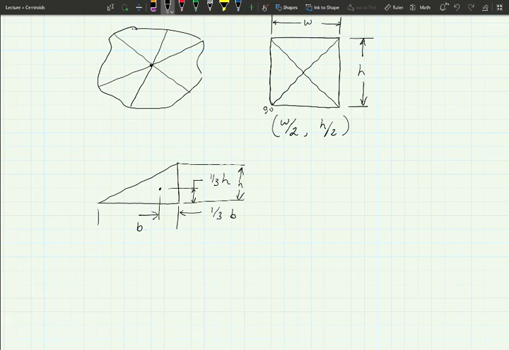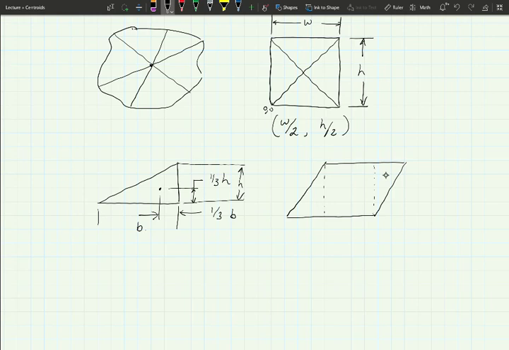Circles would just be your dead center, so wherever the radius is. If it's a parallelogram, it's still based on components of different things. So we'll take different geometric shapes here.